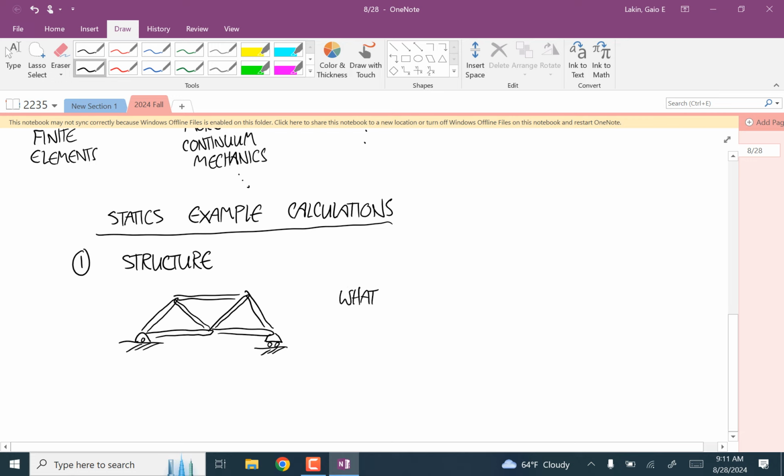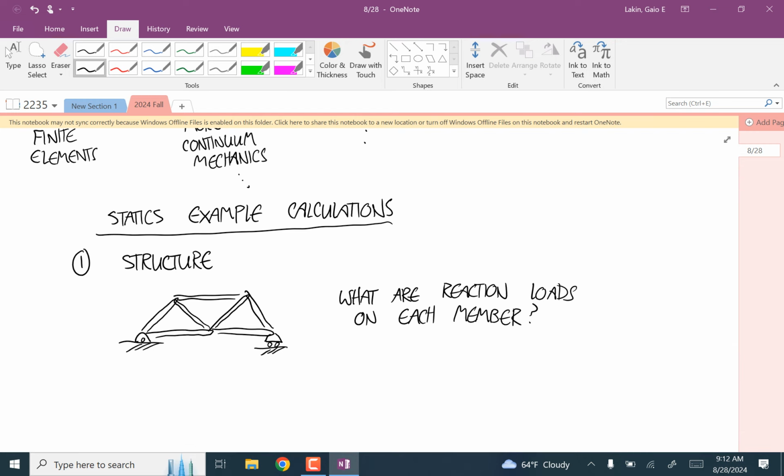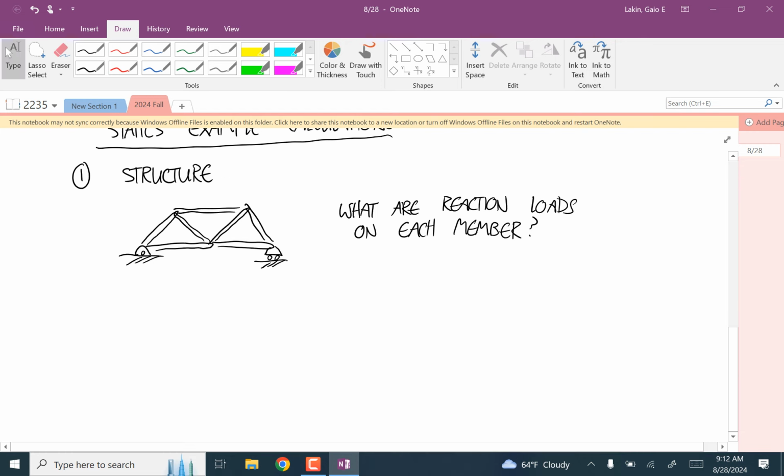And we want to calculate the reaction forces between those members. So obviously this has a lot of civil engineering applications and stuff. The same idea, actually, you use in all sorts of different ways. One is, in biomechanics, you use this stuff all the time.